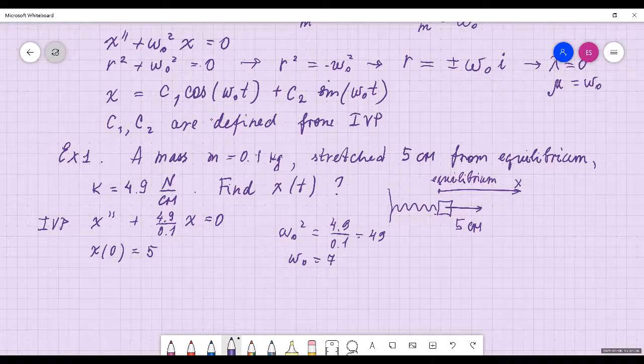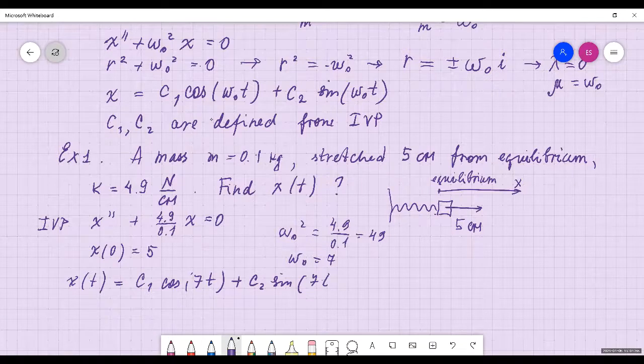I picked the number to not deal with anything complicated or decimal numbers. So what we have, the solution, x of t, is going to be C1 cosine of 7t plus C2 sine of 7t, right?